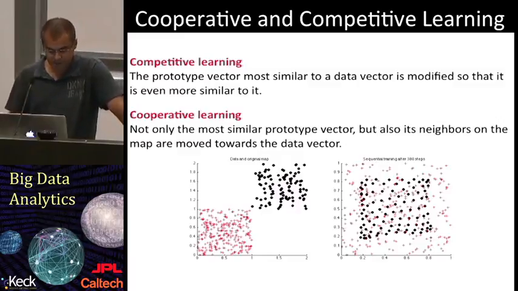The first figure shows an example of how the map can learn the data. On the left, there is the initial configuration with the data vectors in red, and they are completely separated from the map, that is on the upper right corner. And after a few iterations, on the right, you can see how the map starts actually covering the input space.